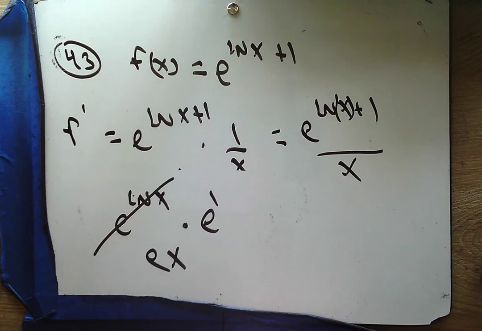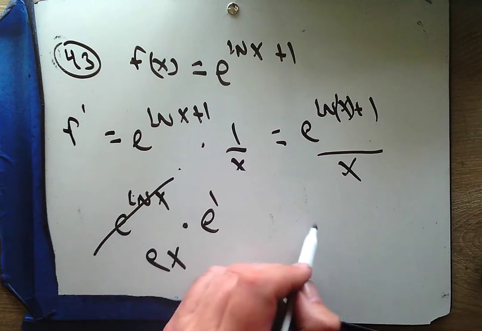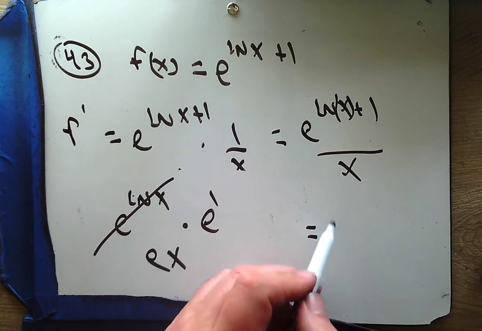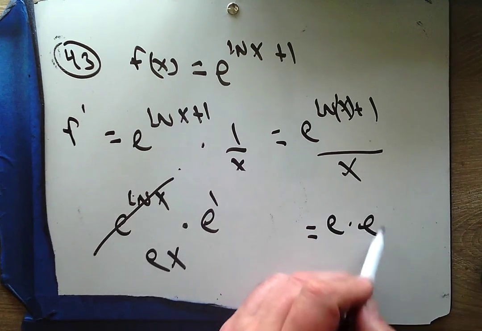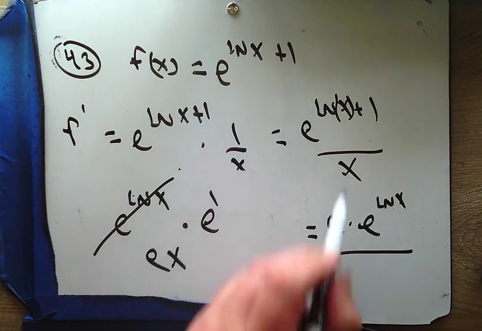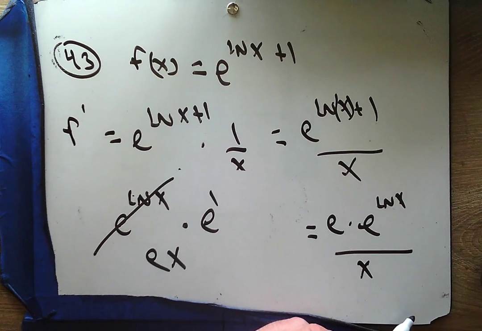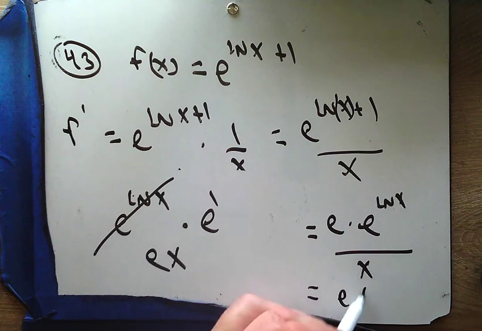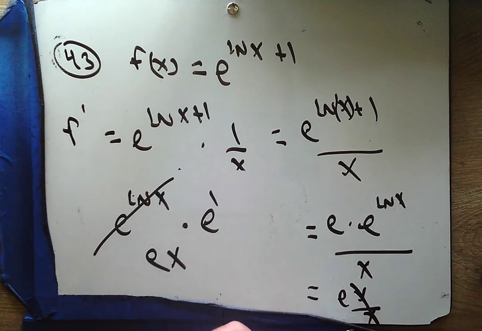Well, that doesn't look like x times e. Kind of want to pull out a calculator and graph it. Well, let's see. So this is going to be e times e to the ln of x over x. And that gives me e x over x. Ooh, that's just e, but that's e x. Did I miss something? That's a constant.